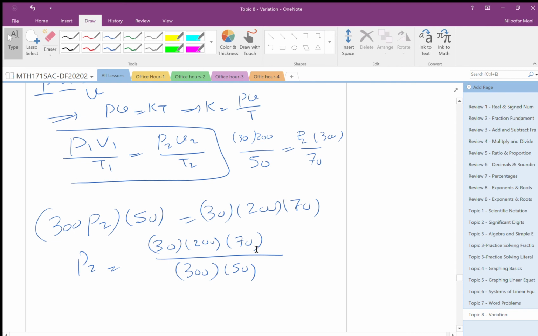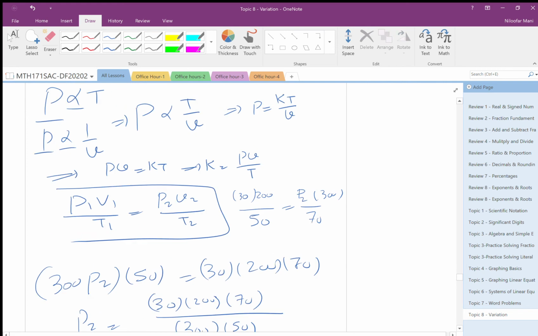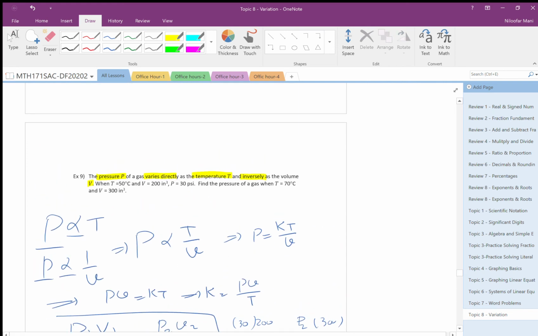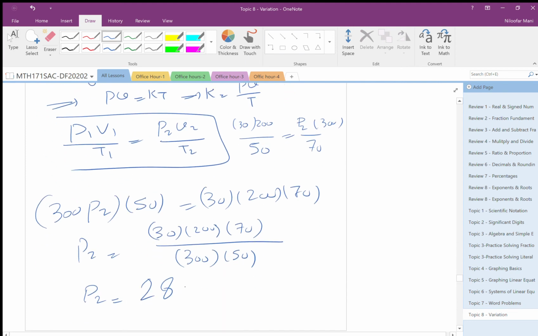Okay, so P2 is divided by this. Okay, so which is 28. Okay, so 28, what is the unit? 28 psi. Okay.